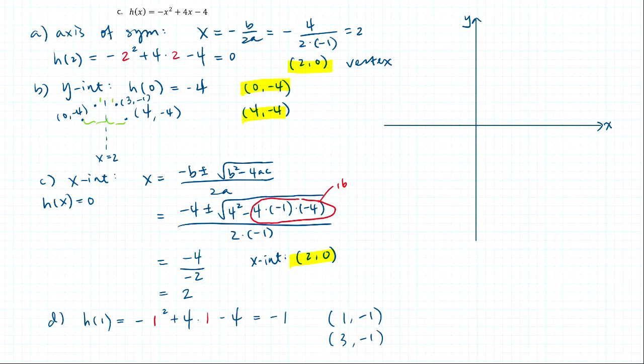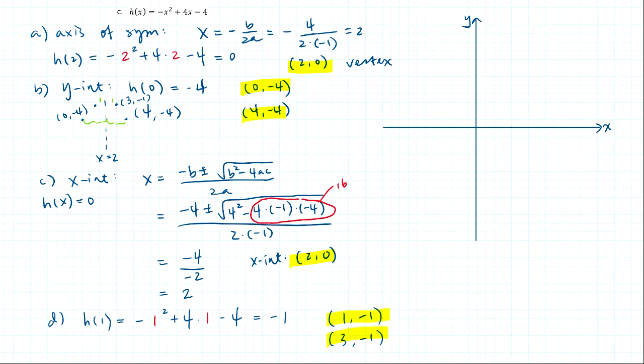Now looking at all the points, we want to make sure we have at least 5 points so we can get a somewhat nice graph. And if we count, we have 1, 2, 3, 4, 5 points that are not repeated. With that information, we can go ahead and scale things. Just looking at the amount of space I have, I think I can go for every 2 boxes being 1 over here.